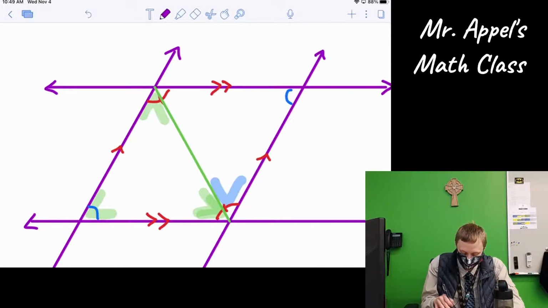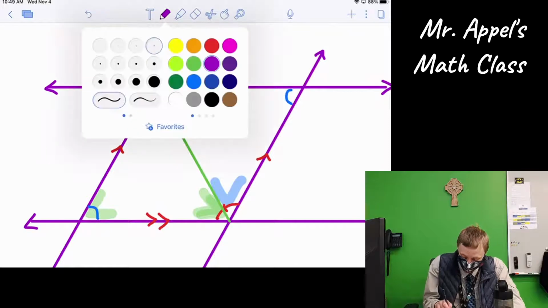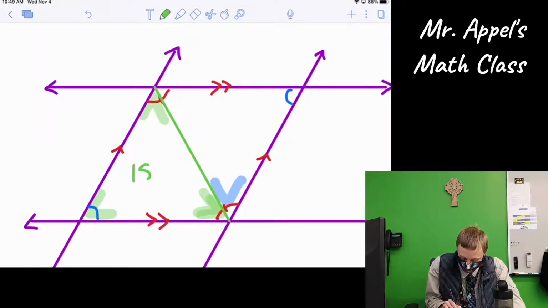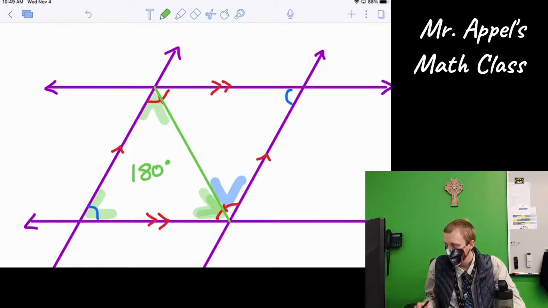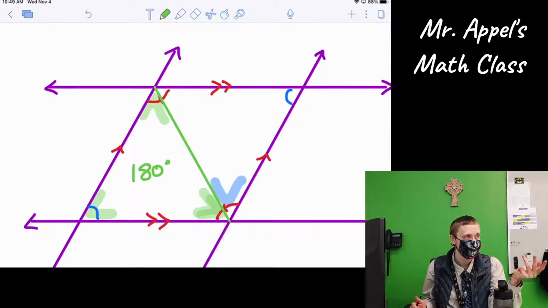So half of 360, we are back again at 180. Is that a reasonable enough assumption that the three angles in that triangle would add to 180? Yes? Anyone questioning that at this point?